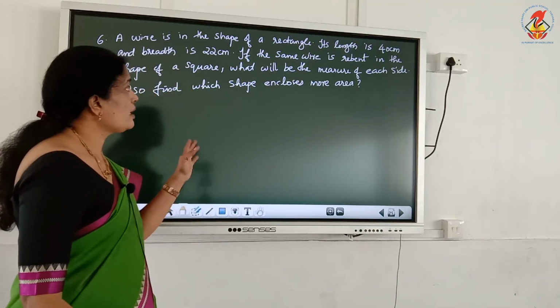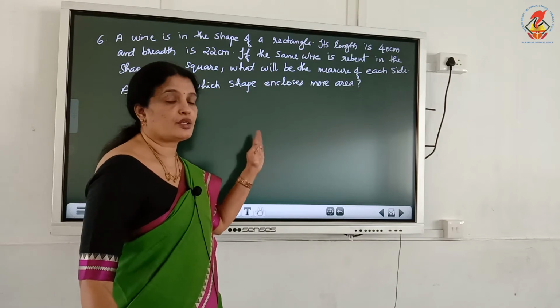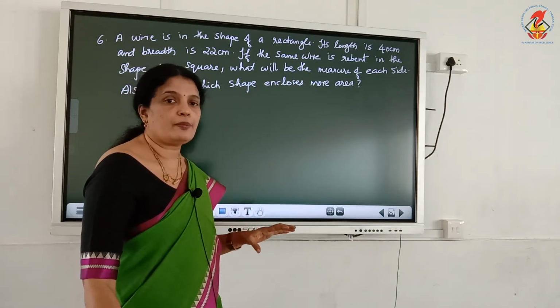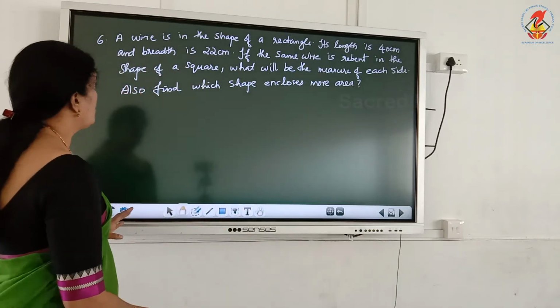First you can make a rectangle. Using the same wire we can make a square also. That means the perimeter will be the same. Then how can you write it?